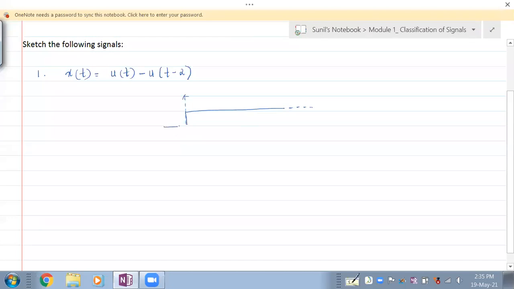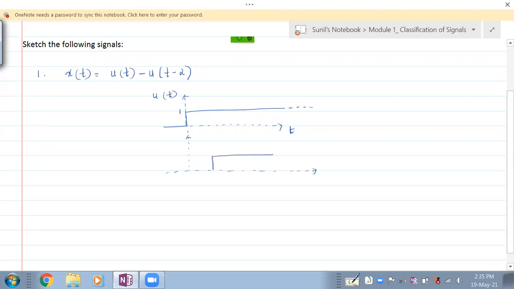So let's have u of t. Fine. And then we have to have the shifted version of u of t, which is this, which starts from 2.